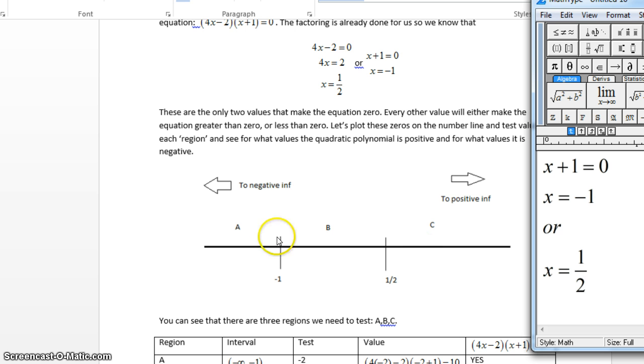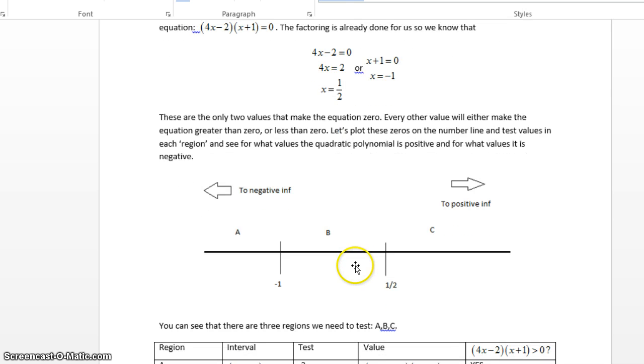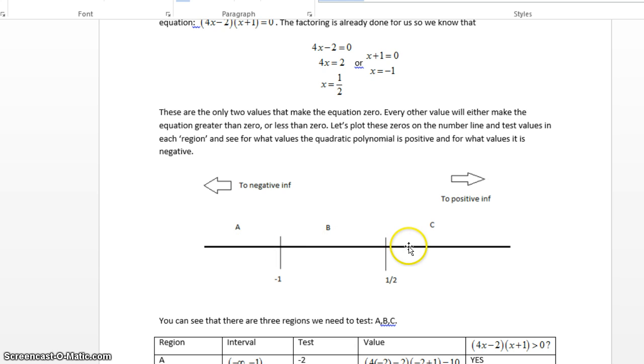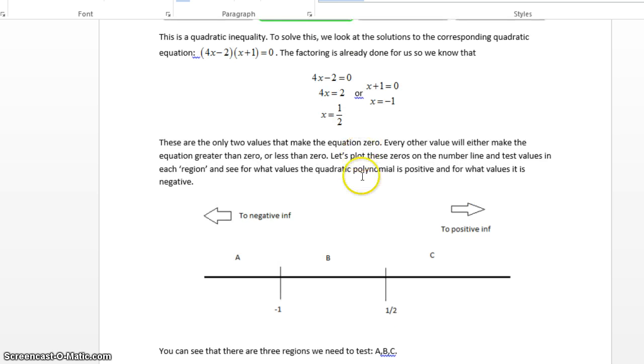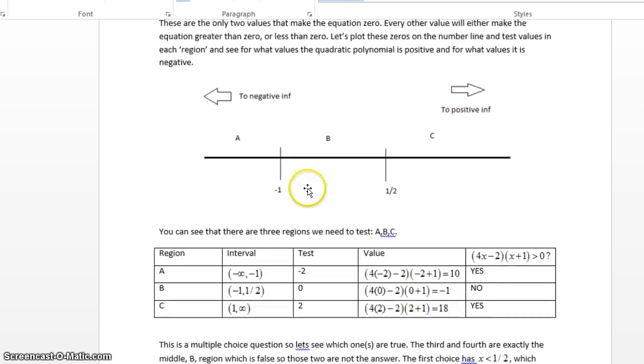And we're going to test each region for whether the inequality is true or not. I'll show you a graphical representation of this too, and hopefully that'll explain things. But this is our method, where we find these important points where it makes the inequality 0, and then we plot these numbers on a number line, and we test each one of these.